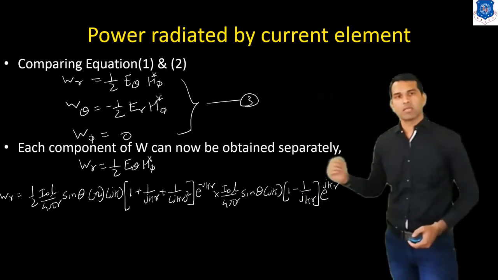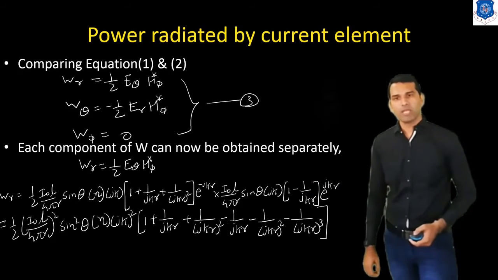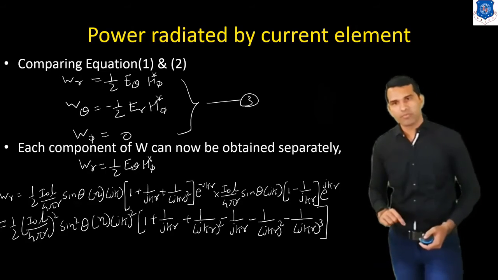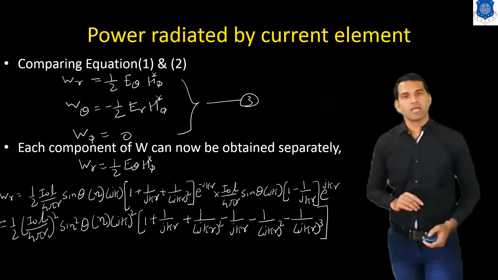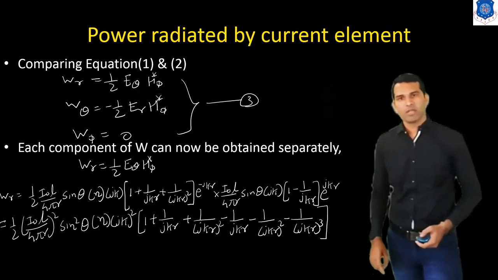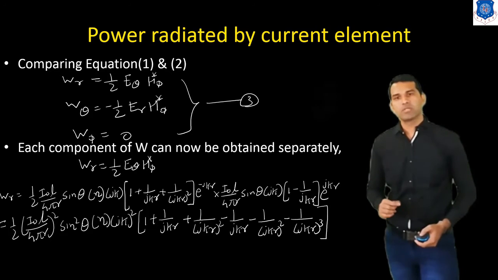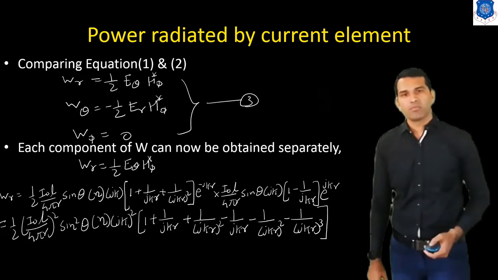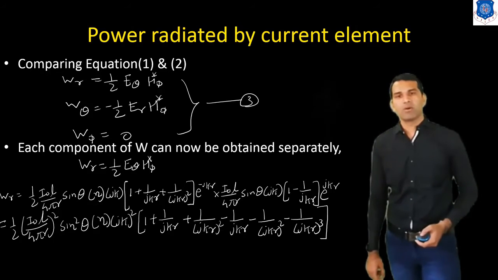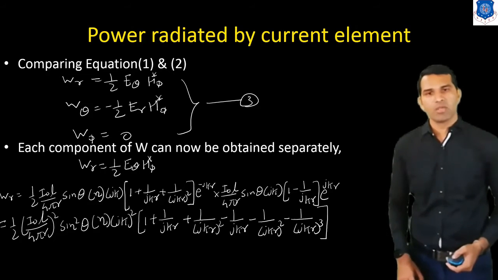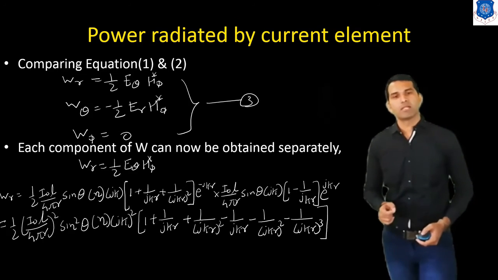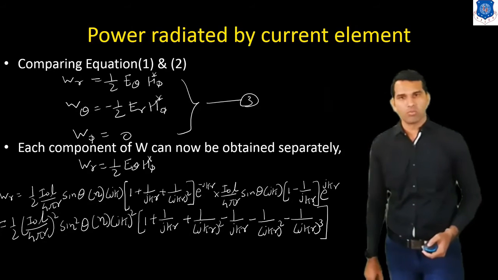Now we solve this equation. So we get 1 by 2 (I0 L upon 4 pi r) whole square, sin theta into sin theta, so we get sin square theta, eta, and jk into jk, so (jk) square. When we multiply these two, we get 1 plus 1 upon jkr plus 1 upon (jkr) square minus 1 upon jkr minus 1 upon (jkr) square minus 1 upon (jkr) cube.